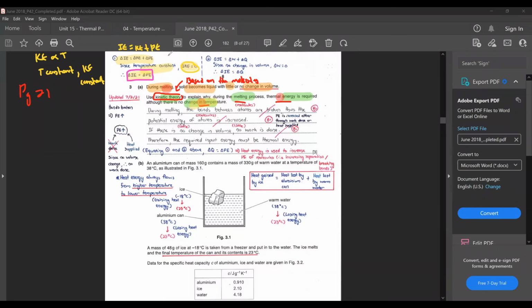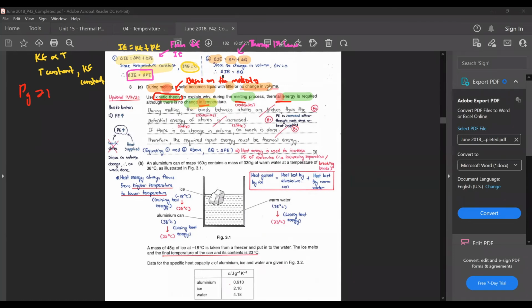Okay, this one again is from the definition of internal energy. And then after that, you can relate to the first law of thermodynamics, which tells you that the increase in internal energy is equal to the work done on the system plus heat supplied to the system.